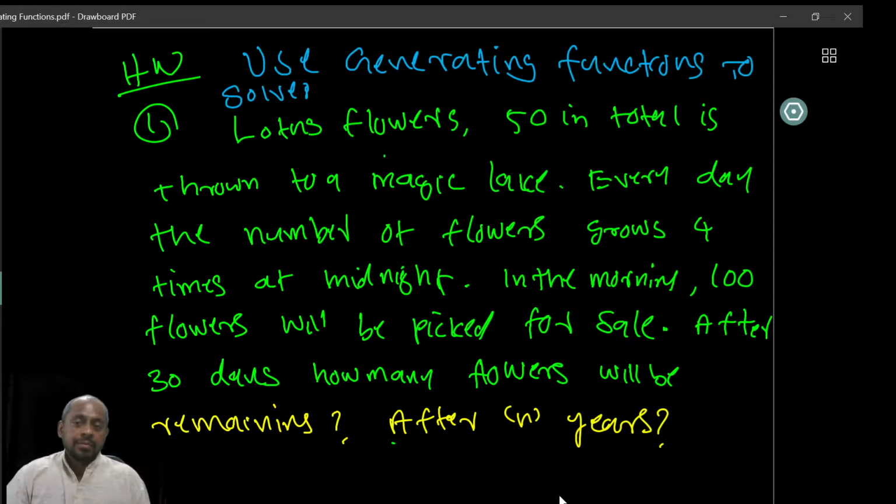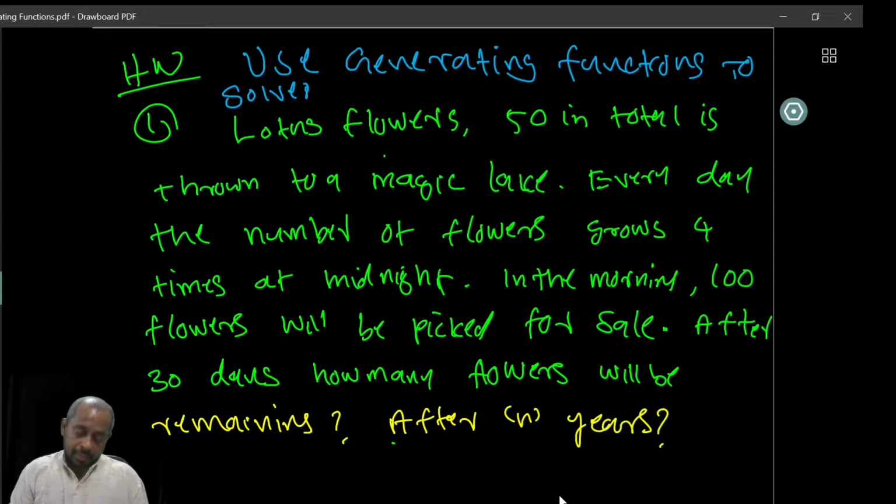If you put 50, then you will have 200. If you have 100, then you will have 400, etc. So every day the number of flowers grows by 4 times at midnight. Now in the morning, they will go and collect 100 flowers for selling. Now after 30 days, how many flowers will be remaining in the lake?